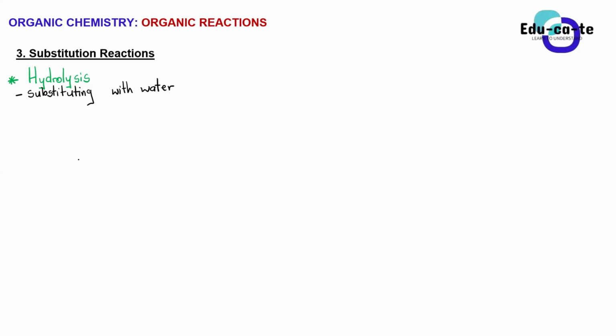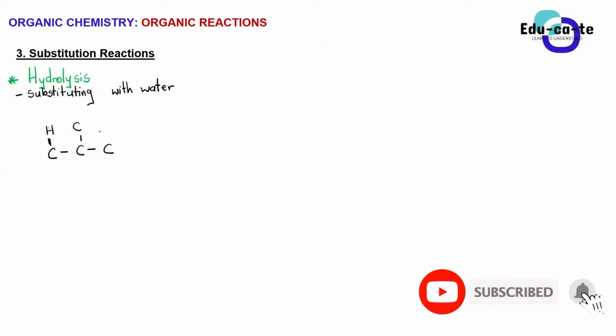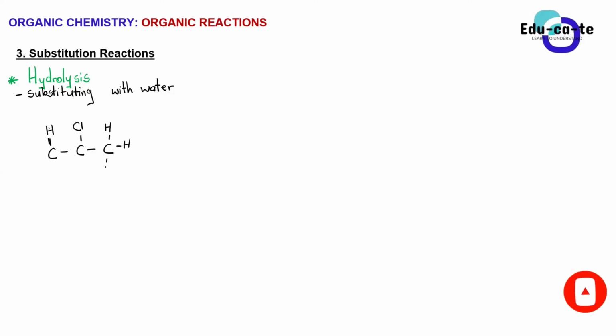Okay. Now, how do we substitute with water, or how do we perform hydrolysis? Basically, let's just say we have got a haloalkane. Usually, we take a haloalkane. Maybe this is a haloalkane, and it has got maybe a Cl here. So this is 2-chloropropane.